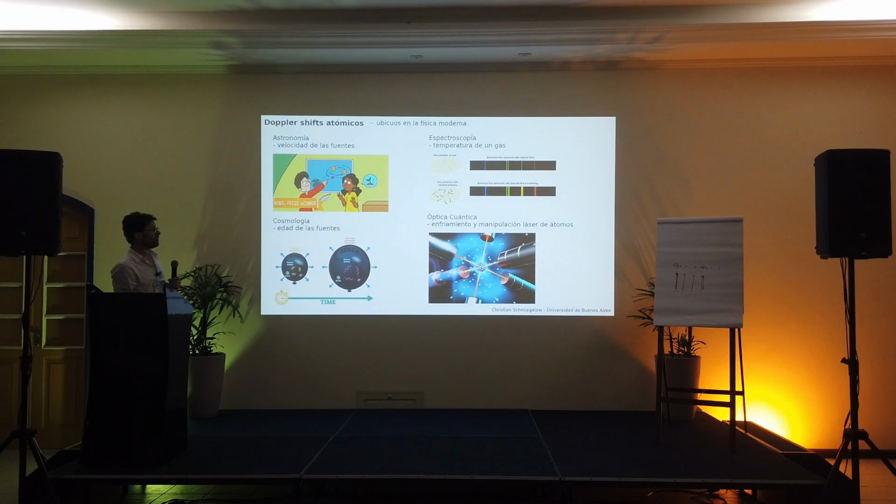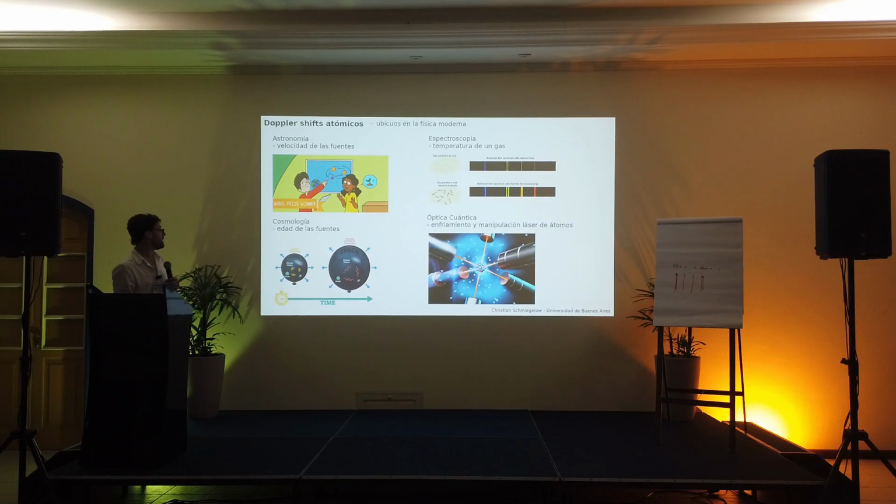So the Doppler effect is everywhere, right? The Doppler effect has been used in astronomy to study and determine the movement of stars, and from there determine that they actually have exoplanets. It allows us to determine the age of the universe and different parts of the galaxy.